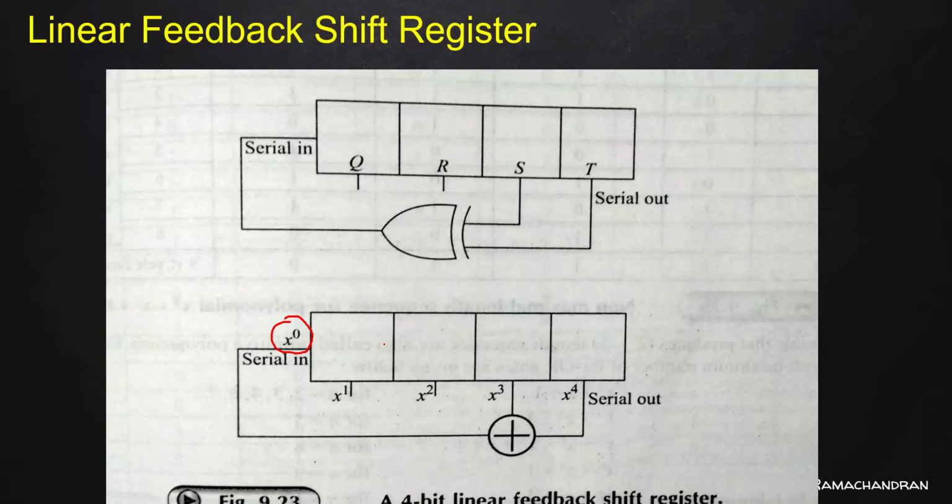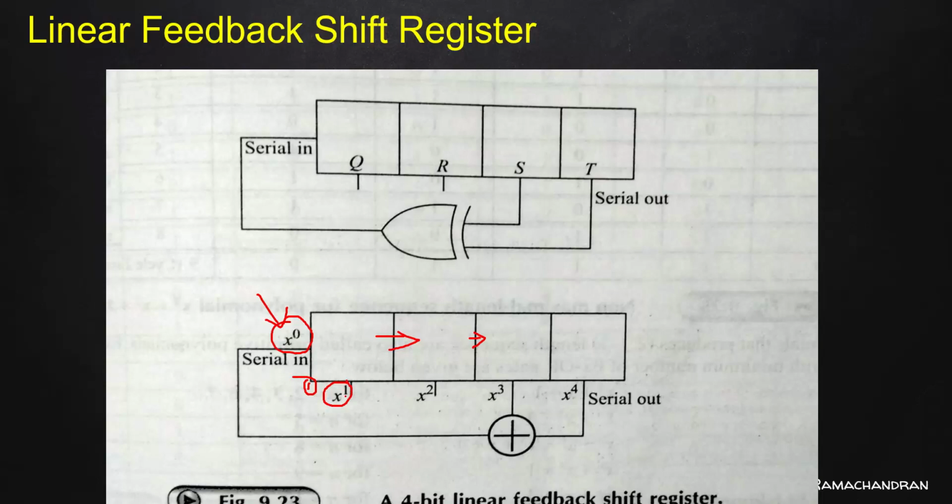So the same value, whenever it comes as an output of your second flip-flop, we need a total of 2 clock pulses. After setting an input value here, applying the first clock pulse, that value comes here after a delay of a single clock pulse. That is why this is x to the power 1.